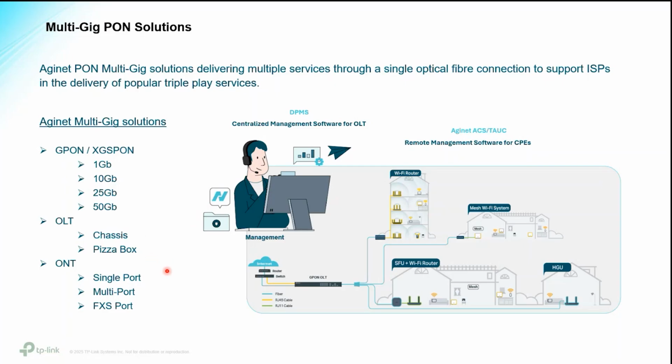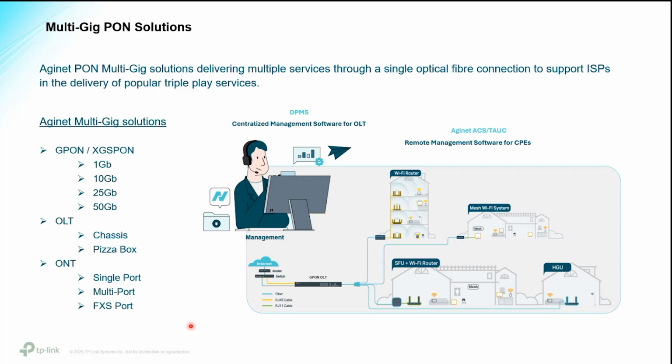Products, the OLTs, we've got chassis and pizza box. On the ONTs, single port. We're also bringing out some multi-port devices. So again, maybe for those small office, home office type solutions, needing multiple LAN ports on the ONT itself. That's all the solution that's coming.